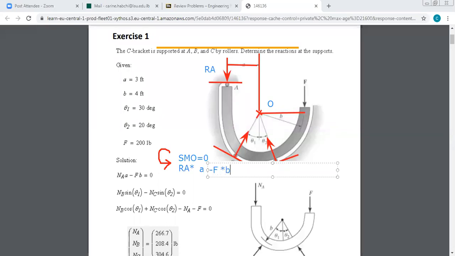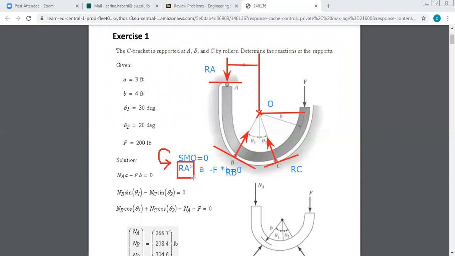So this is equation number 1. From equation number 1, I can get RA because F is given, and A and B are known, so the only unknown is RA.